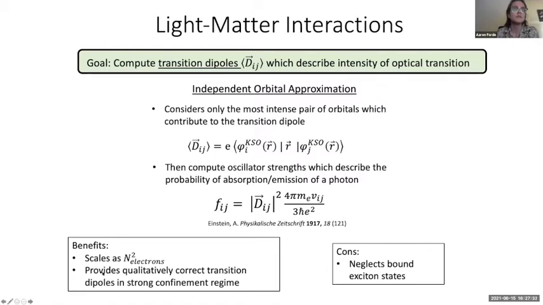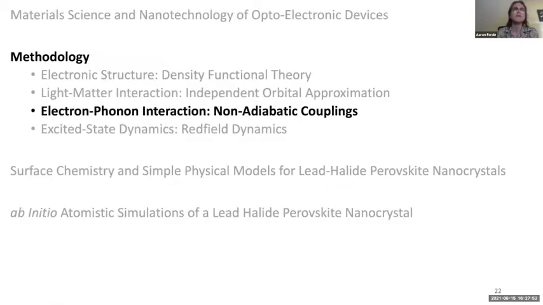But I'll mention that for strongly confined nanoparticles, like I looked at for my research, the transition dipoles compare favorably well to higher order methods. So it's a reasonable approximation to make.